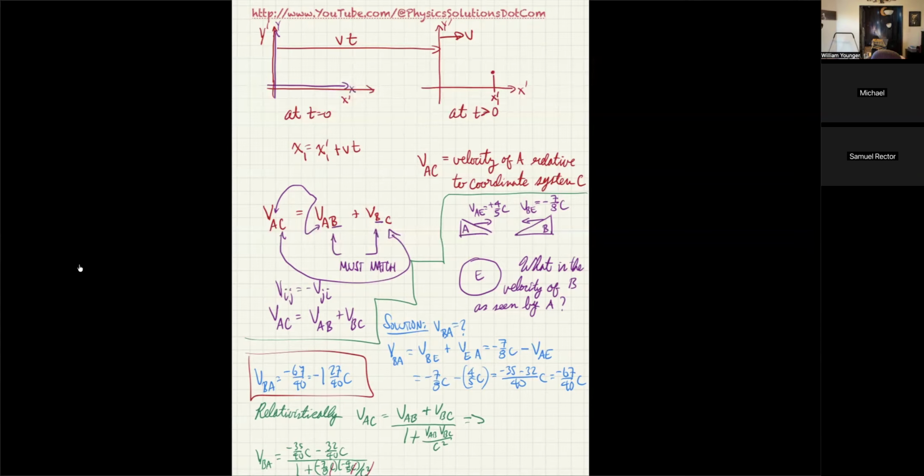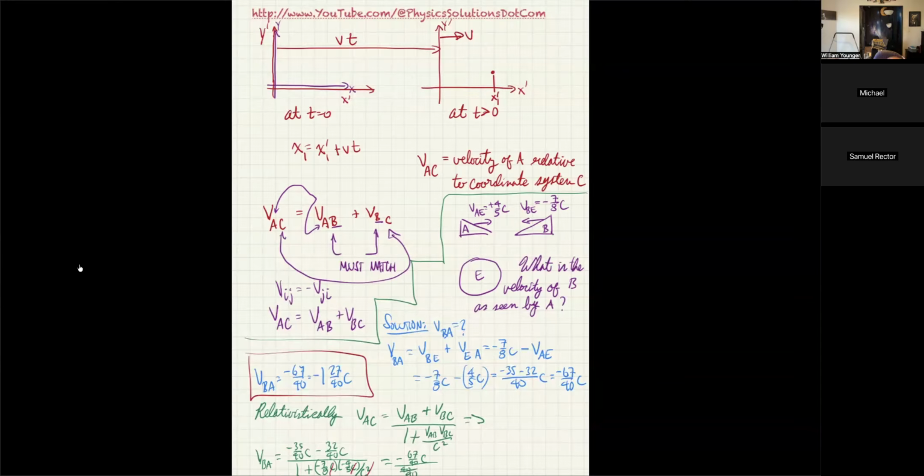And what we end up getting is the top is still going to be negative 67 over 40 C, but the bottom is going to be 8 times 5 is 40. So this would be 40 over 40.